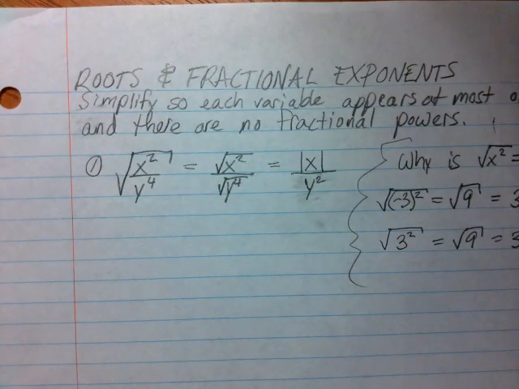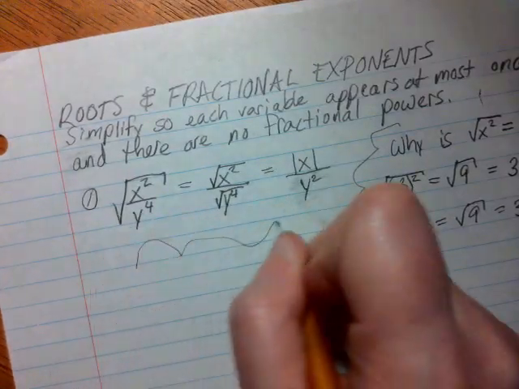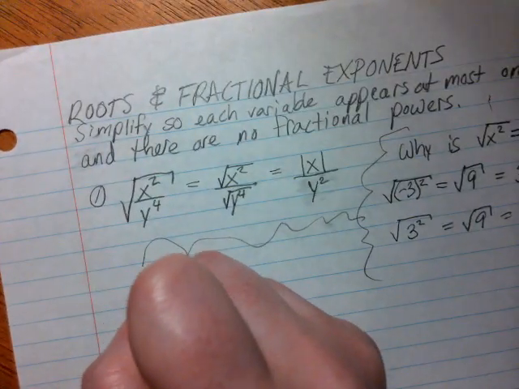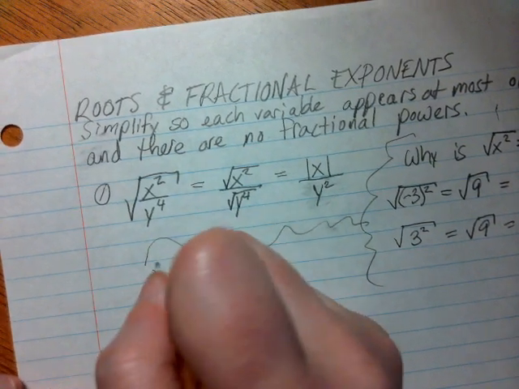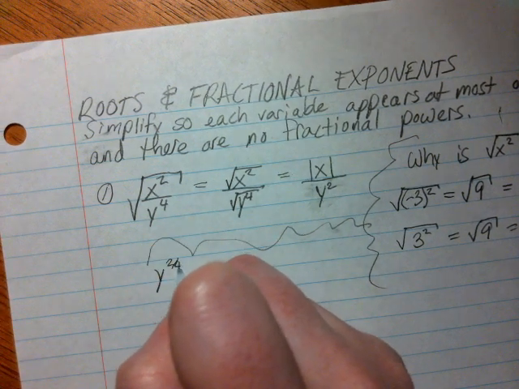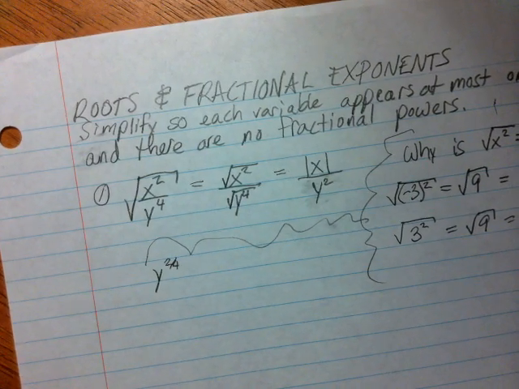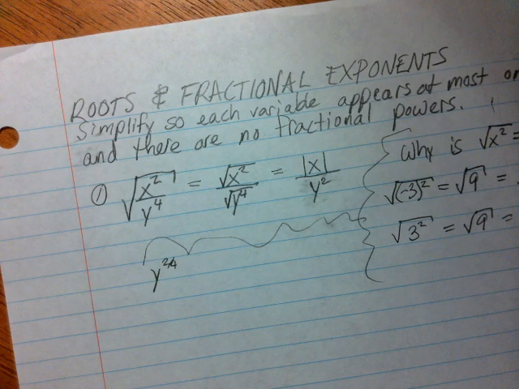And it's particularly annoying in the context of fractional exponents. I'll do another sidebar. When you have something like y to the 2/4, you might think that you should just go ahead and cancel this and make it y to the 1/2, but that actually would not necessarily be the same thing.